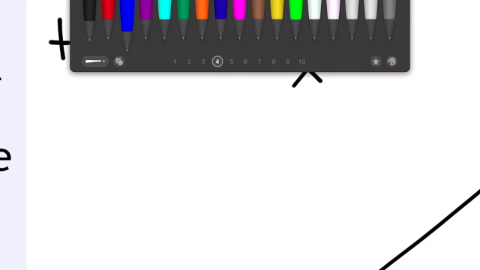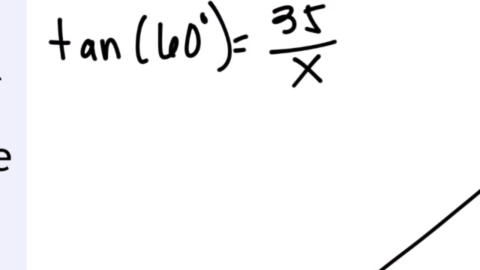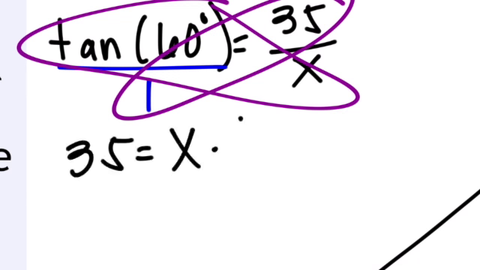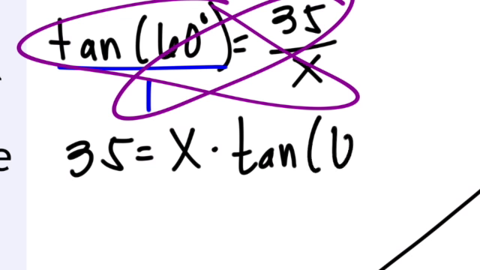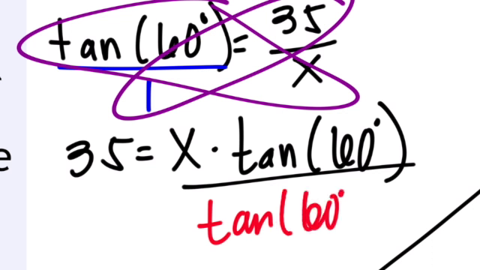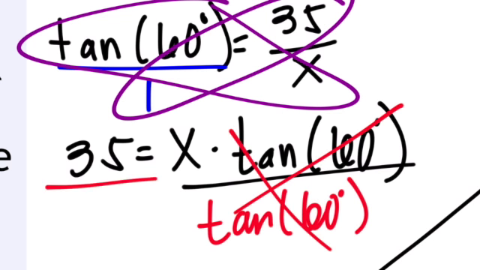I'm going to put a 1 under this, and then we're going to cross multiply. I end up with 1 times 35, which is just 35, equals x times the tangent of 60 degrees. Then I divide by the tangent of 60 degrees to get x by itself. So that cancels out, and then I divide by the tangent of 60 degrees.